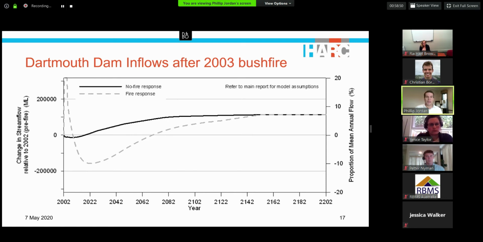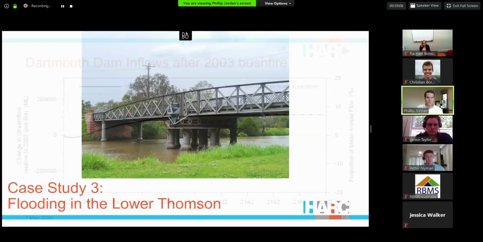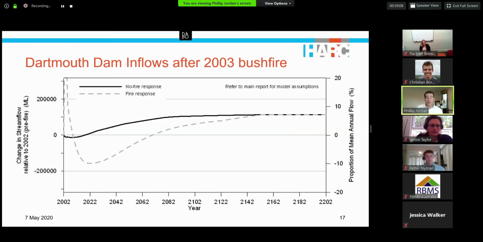And it's really the gap between those two lines, and then adding that up over time, that adds up to the cumulative yield. My numbers are about 200 gigalitres over time, or about 10% of what we would consider a current estimate of water yield into Dartmouth Dam.